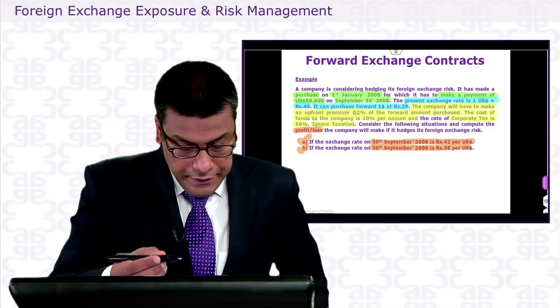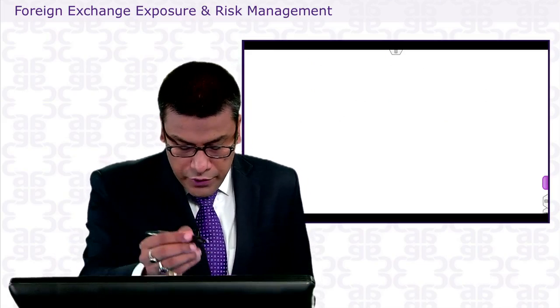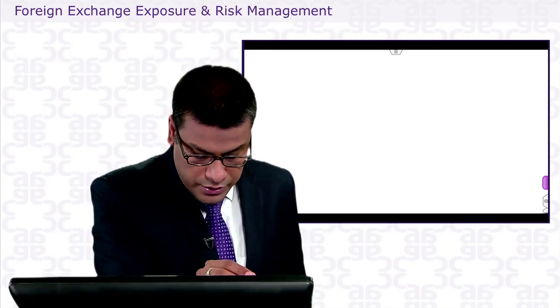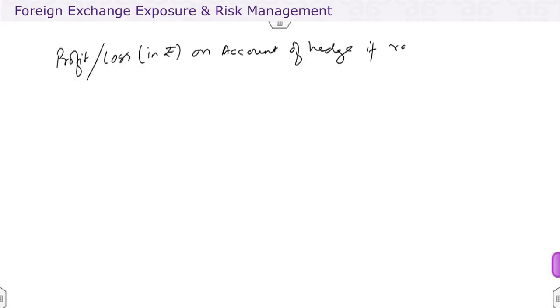So let's try and do it; I'll use a whiteboard, and we can do it together. We are trying to work out under two cases the profit or loss, in rupee terms, on account of hedge, if the rate on maturity is rupees 42 to a dollar.